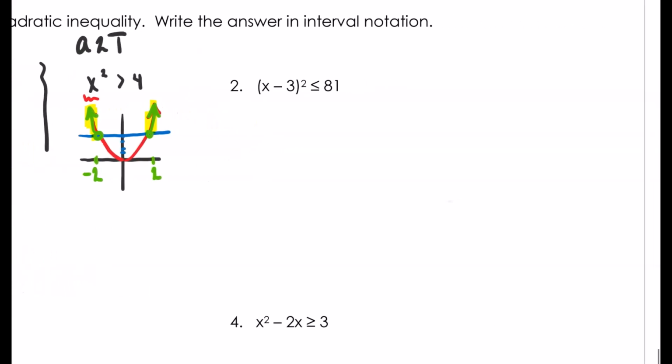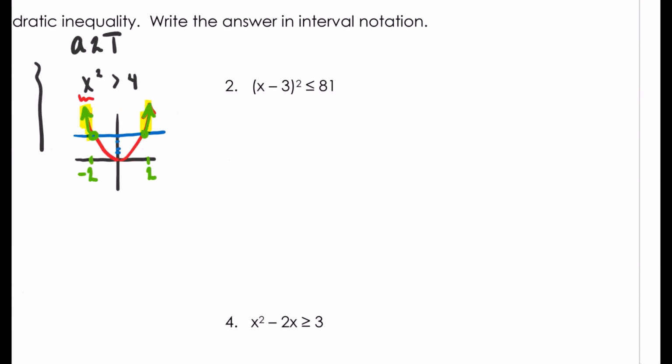All right, let's look at number 2. So I've got quantity x minus 3 quantity squared is less than or equal to 81. So I'm going to square root both sides. So again, even, odd. So I have to do the absolute value of x minus 3 is less than or equal to 9.